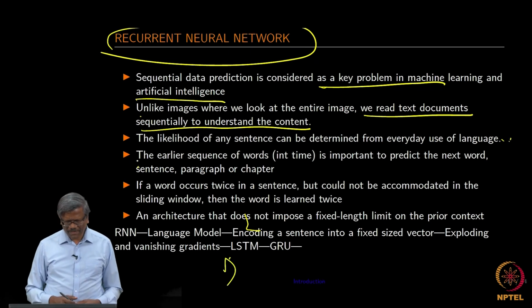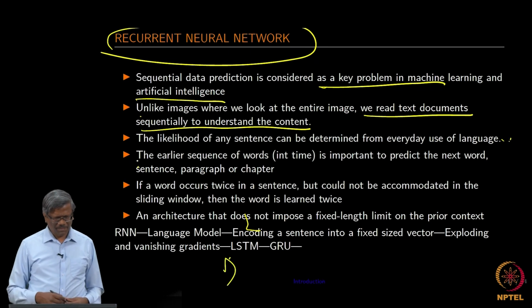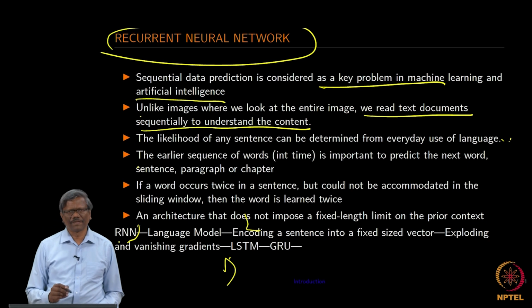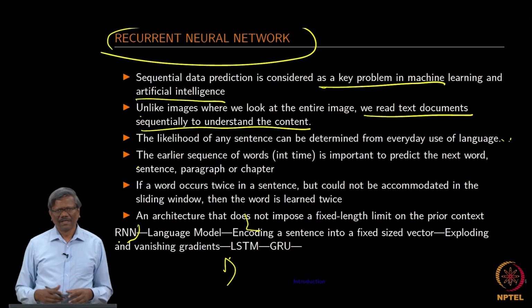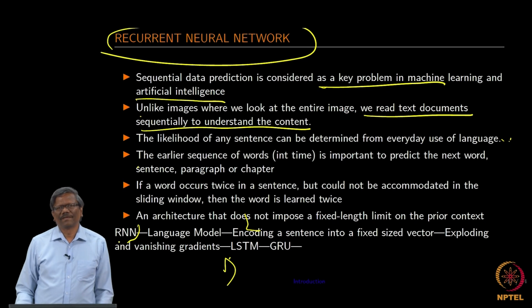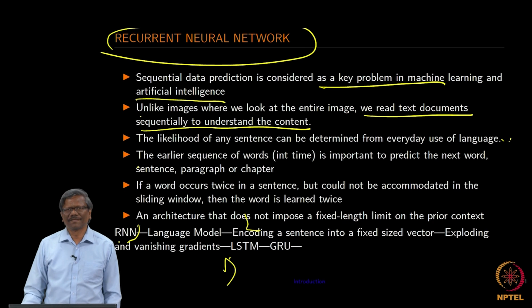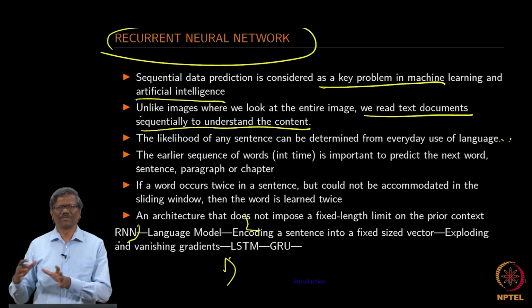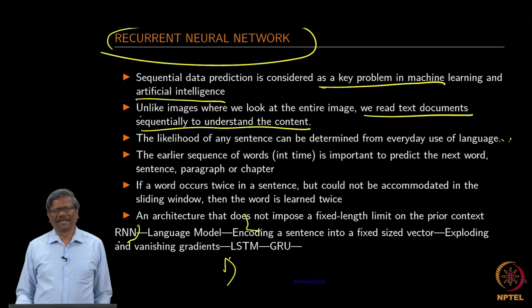So, in this we will study the recurrent neural network. We will talk about the architecture of the recurrent neural network, and we will talk about the language model. Is it possible for me to really predict the next word, or say whether a sentence is right or wrong in terms of syntax?